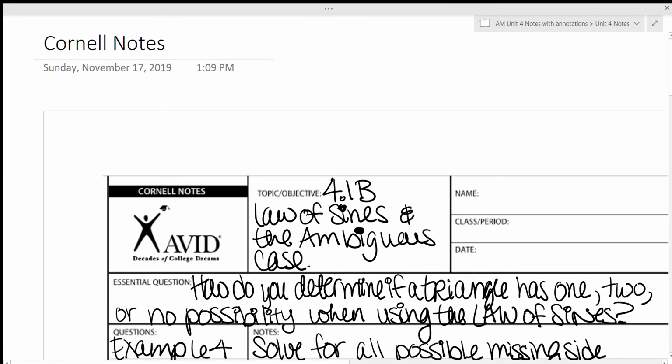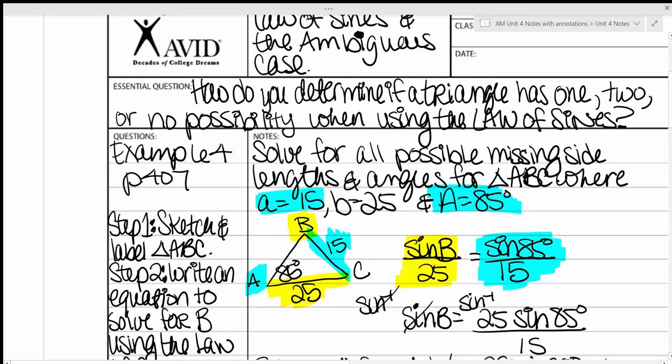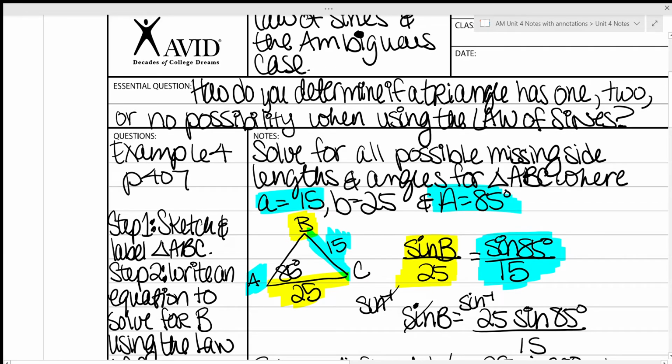Okay, and over here, I said solve for all possible missing side lengths and angles for triangle ABC. I'm going to copy that. Uh-oh, don't mean to do that. Sounds like Hector's phone's ringing.